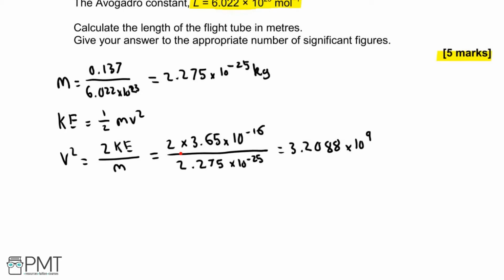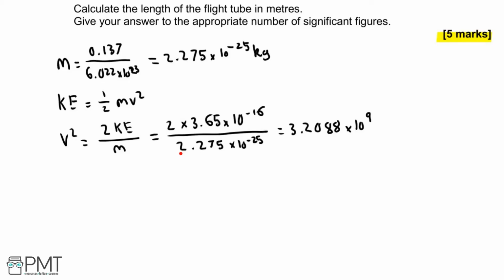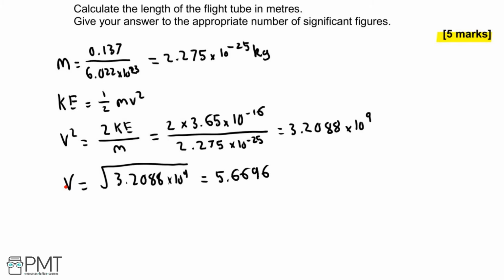Now that we have worked this out, we can calculate v by finding the square root of this value. So v is equal to the square root of 3.2088 times 10 to the 9, which gives us the value for our speed of 5.6696 times 10 to the 4.